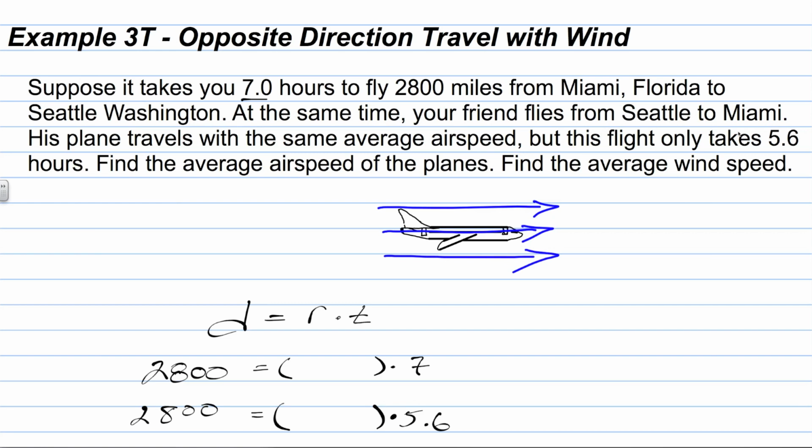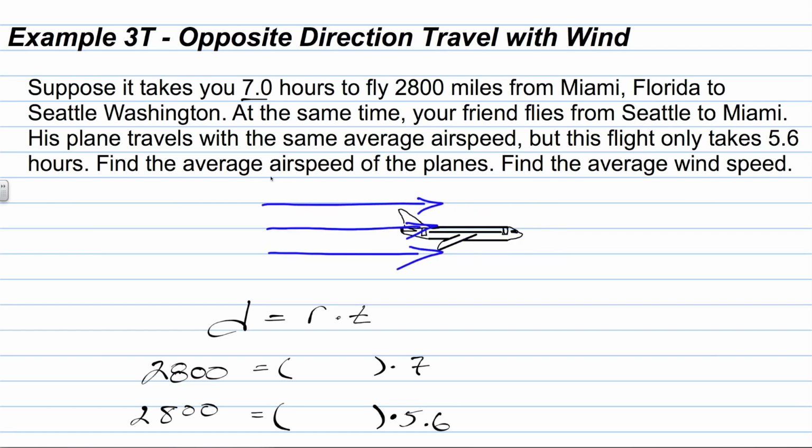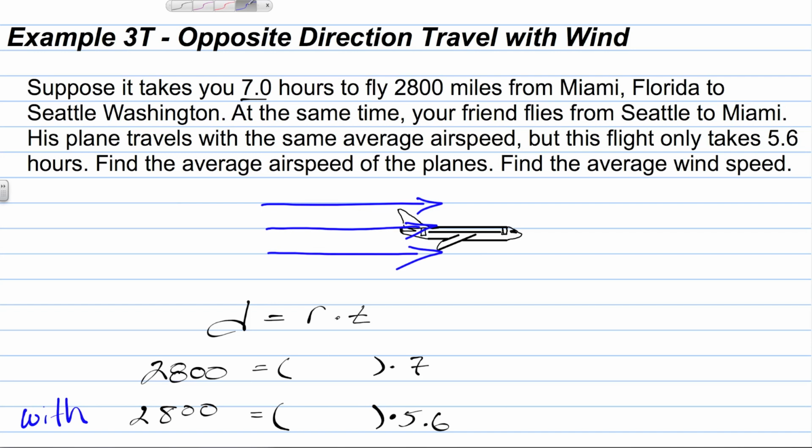Now, since it takes your friend less time, your friend is traveling with the wind, or what's called a tailwind. So let's put that rate in there first. Since your friend's traveling with the wind, that's going to be the speed of the airplane plus the speed of the wind. When you're traveling with the wind, it increases the speed of your travel.